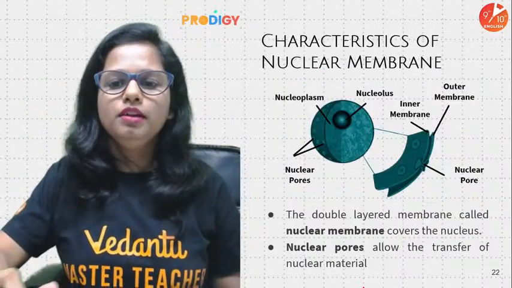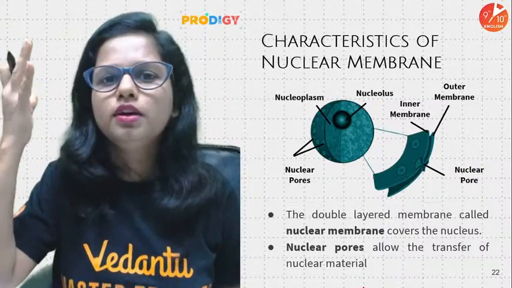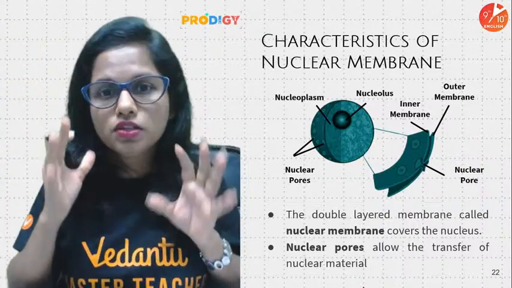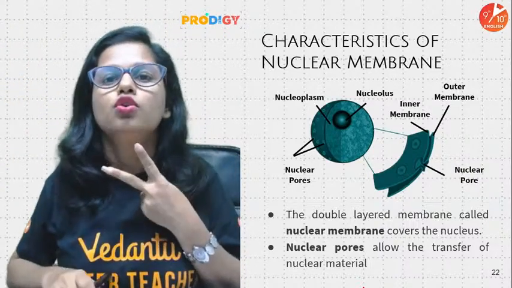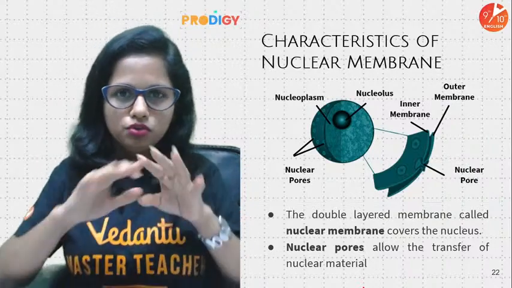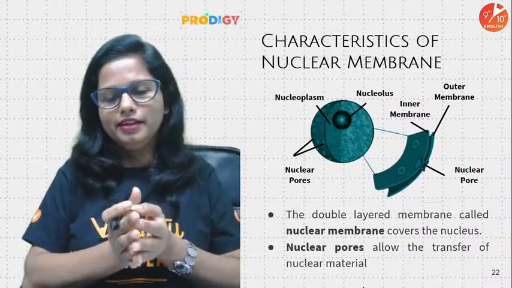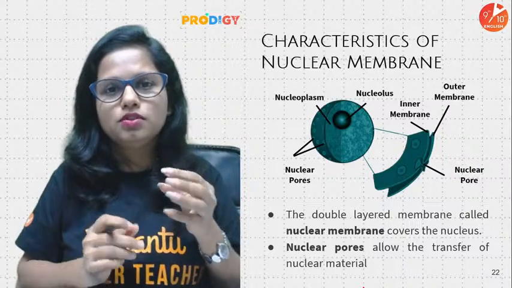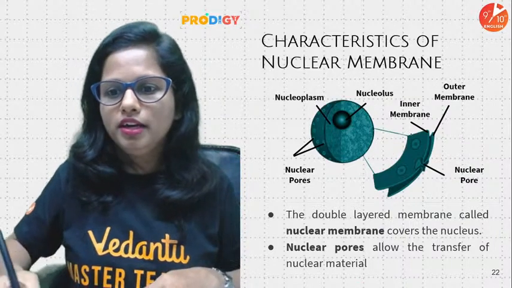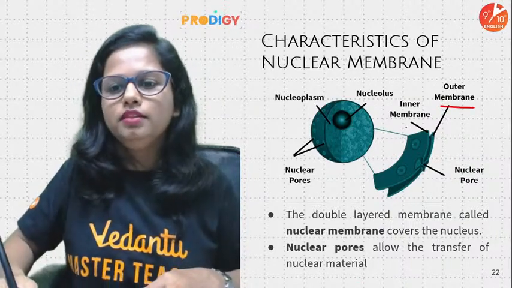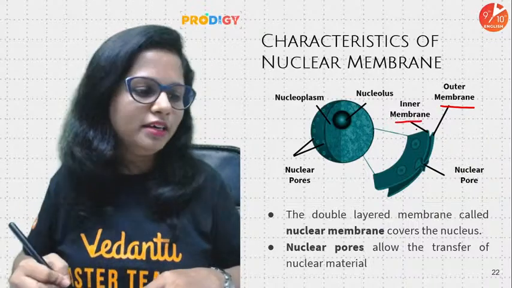Now people, this nucleus is a VVIP cell organelle. It has two protective layers, two covers surrounding it, which are referred to as nuclear membranes. So there's an outer nuclear membrane and an inner nuclear membrane.